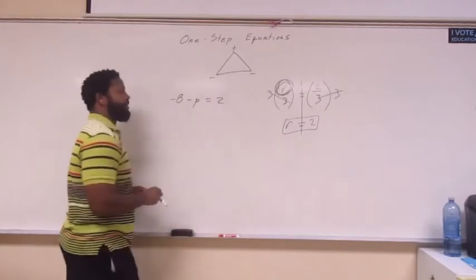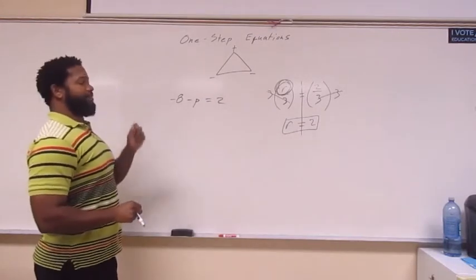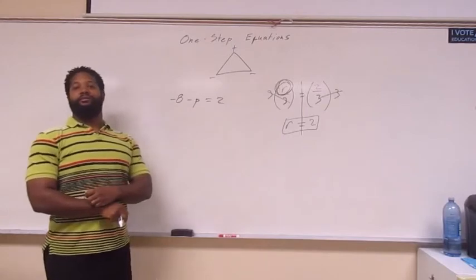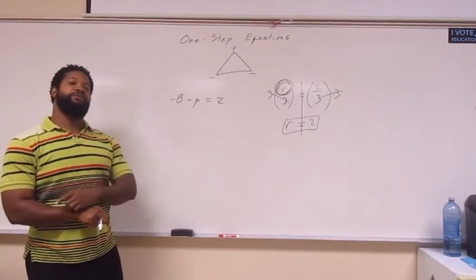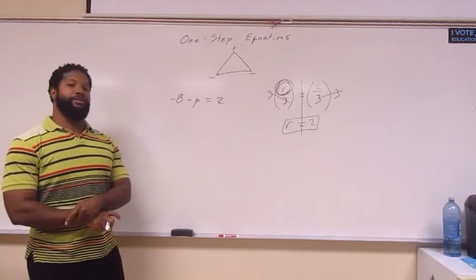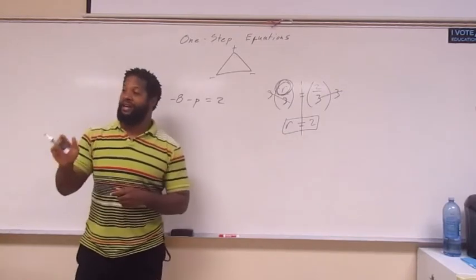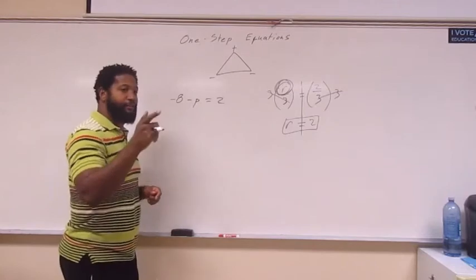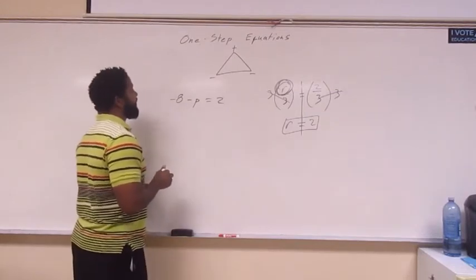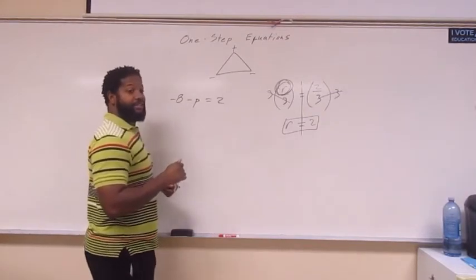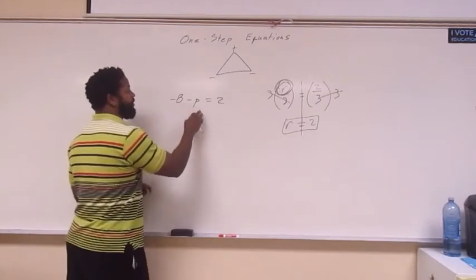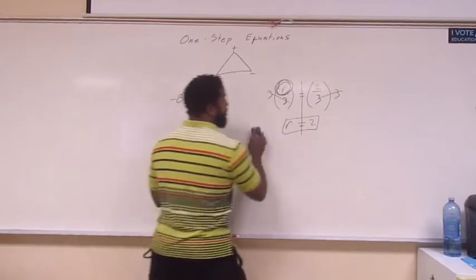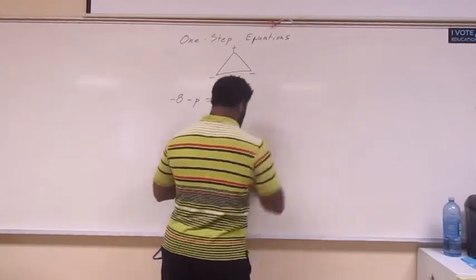Now, this can be viewed as a two-step equation, okay? A couple of y'all might have this on your paper as well. Thank you for asking this question, okay? Matter of fact, I suggest you write this in your notebook as well, because I'm gonna give you some notes to go along with this, okay?